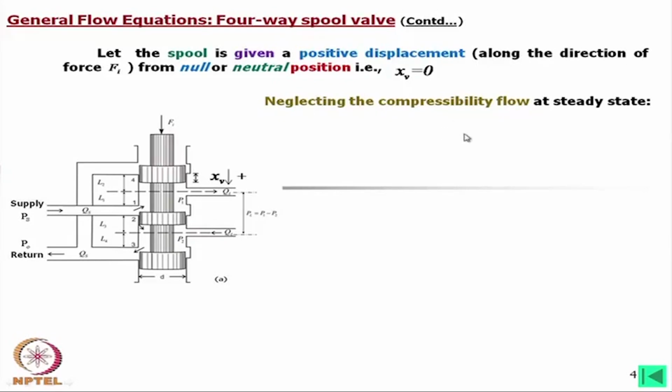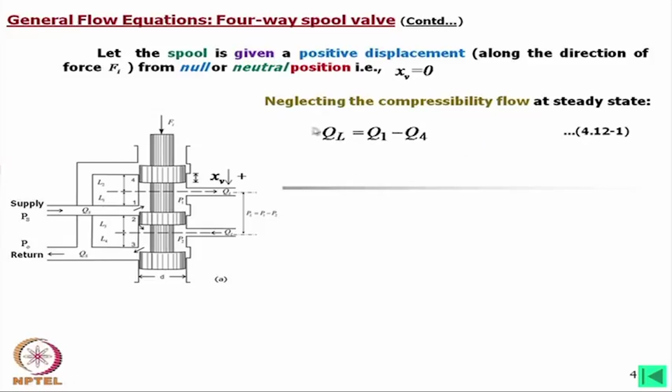If we would like a more accurate calculation to find out the transient, then sometimes this compressibility flow is also considered. But in this case, to understand the main analysis, we have neglected that part.